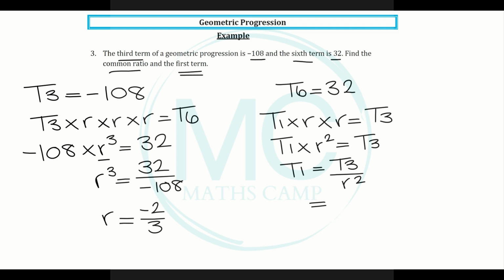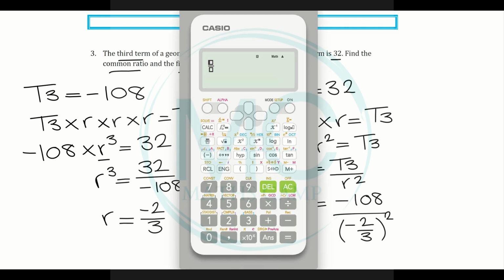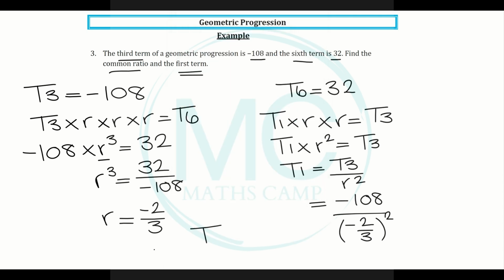We know that term 3 is negative 108. We now know that r is negative 2 over 3. So let's square this. Now I can take my calculator and I can say negative 108 divided by negative 2 over 3, close the bracket, squared, is equal to negative 243. This is my first term.